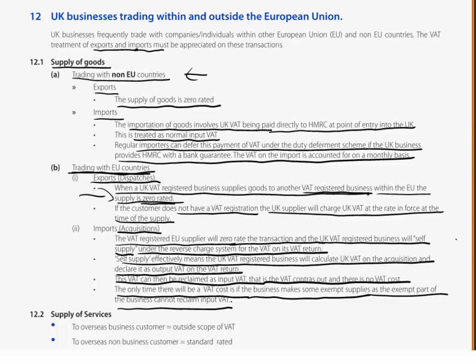Now, no tax system is going to encourage us to buy from outside of your own domestic regime, your own domestic country. This would be silly if we didn't have this system that you either have to pay at the point of entry or include as output VAT on your VAT return, the VAT on the purchase you've made.